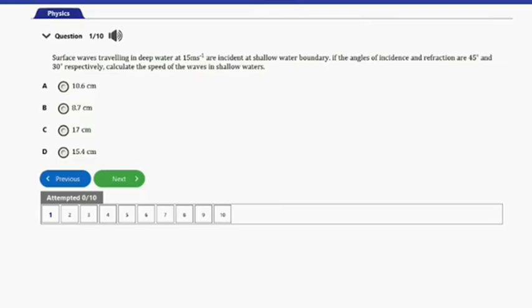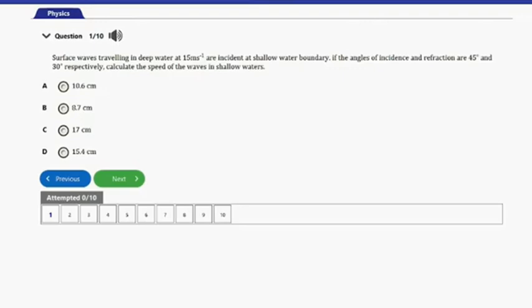It says, surface waves traveling in deep water at 50 meters per second are incident at shallow water boundary if the angles of incidence and refraction are 45 degrees and 30 degrees respectively. Calculate the speed of the waves in shallow water.